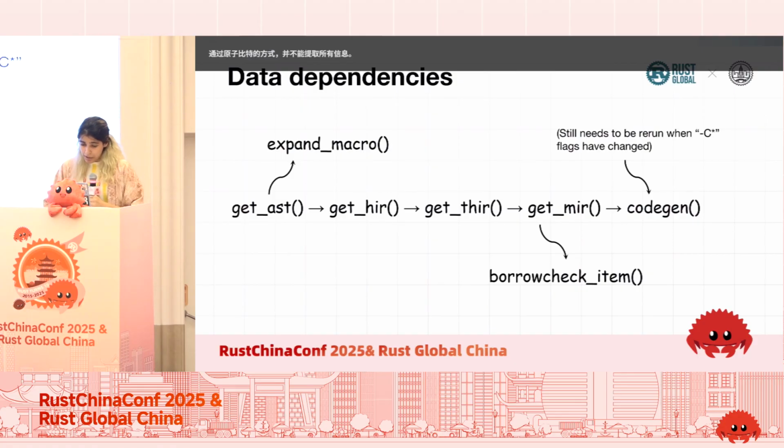For example, the part of the compiler that produces binary files still needs to be re-executed if flags related to compilation change. Like in this case, -C flags, if they change, codegen needs to be counted as to be reevaluated. So this is done via data dependencies.